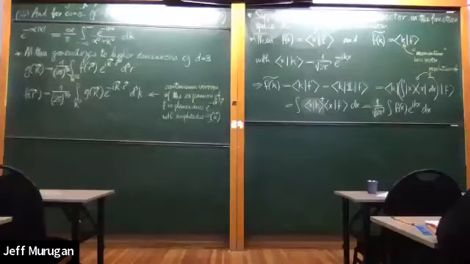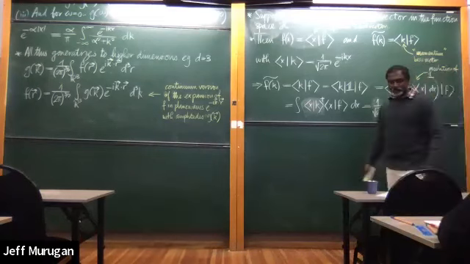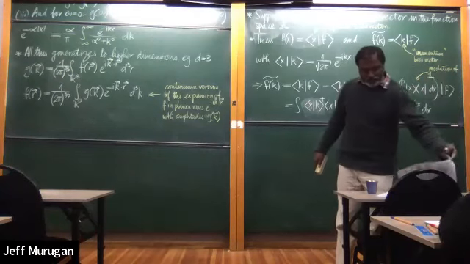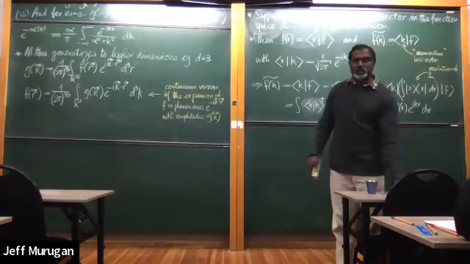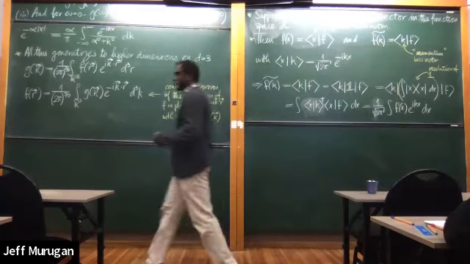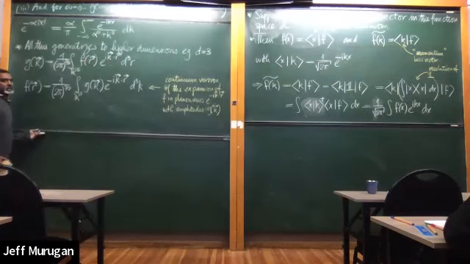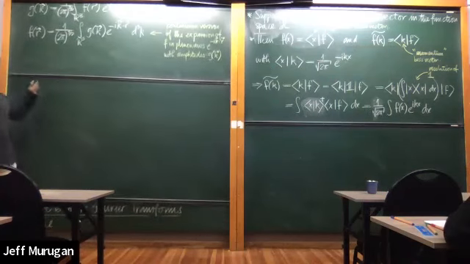In other words, this f tilde of k, which was the expression of the vector f in the momentum basis, is nothing but the Fourier transform to k space of the function f of x.